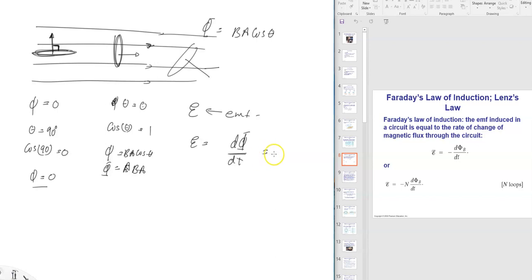The same thing you can write as delta psi over delta t, the amount of flux change during a given time. Or in simple terms you can say psi divided by t. So the voltage induced, electricity produced, is equal to the rate of change of flux, how fast the flux is changing. The faster it changes, the more electricity it produces.